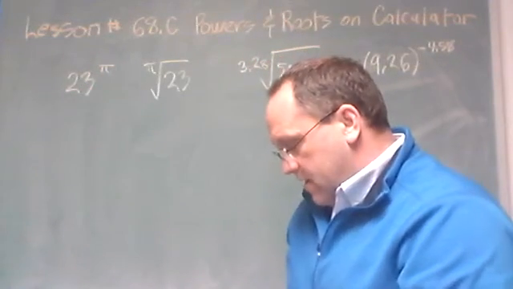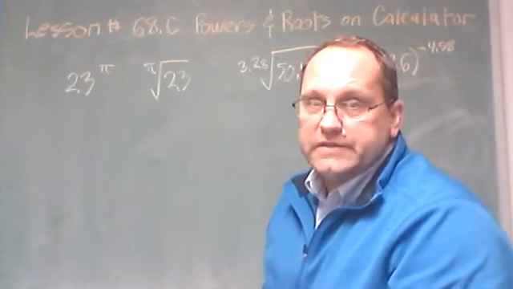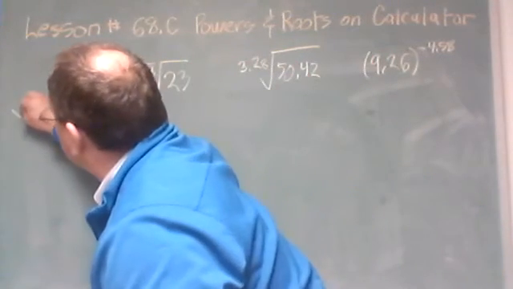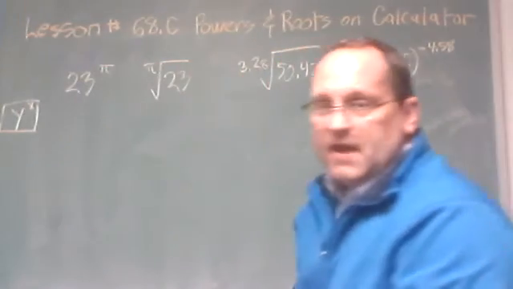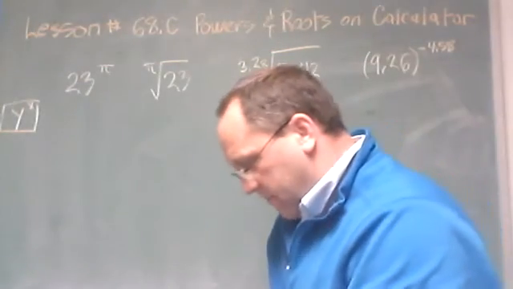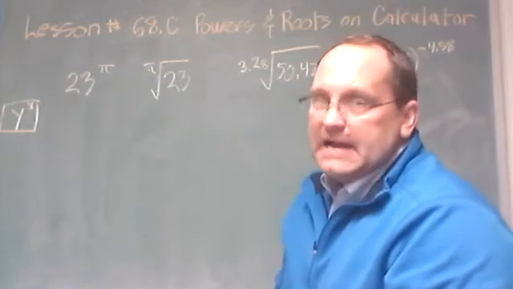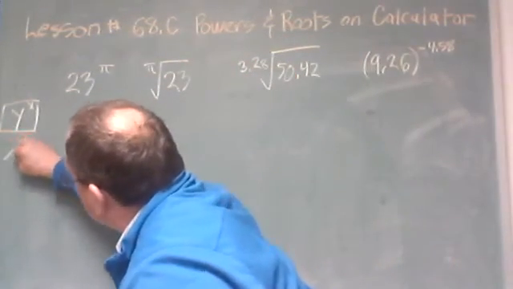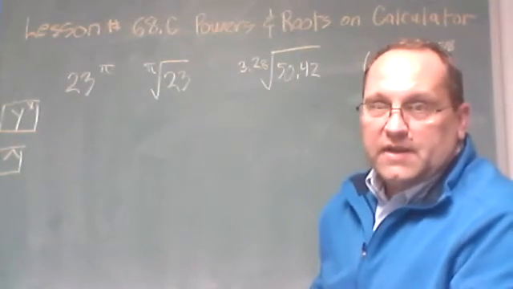Now, on the calculator instructions in the book, they say the button that you use to raise to the power is y to the power of x. On my calculator it does not have that particular button. What it has is this caret symbol, which indicates being raised to the power.